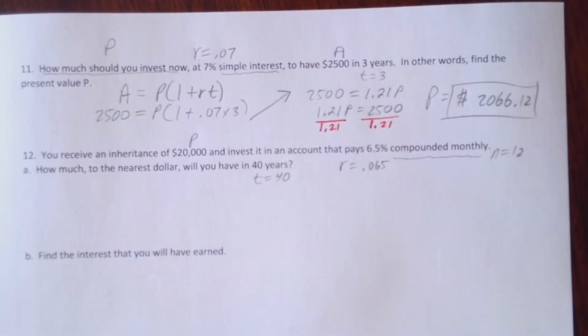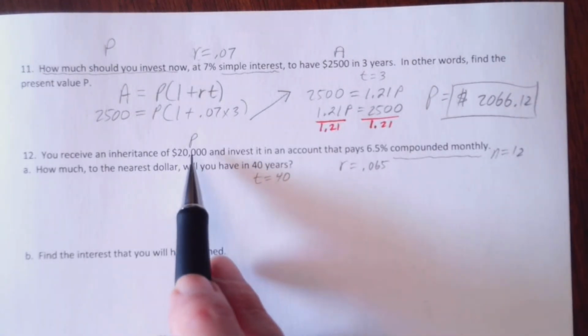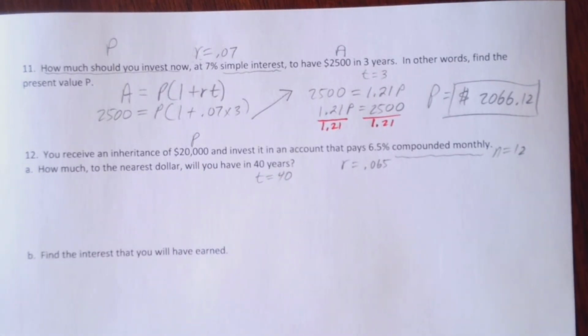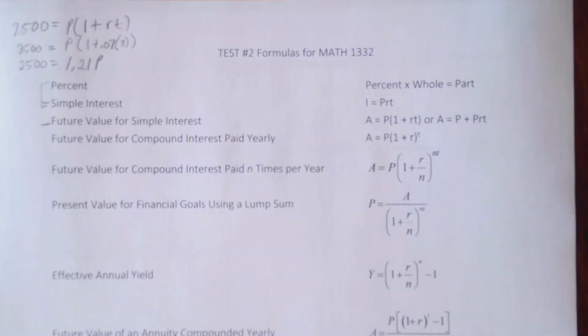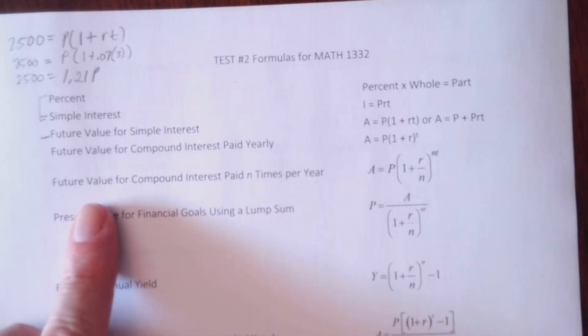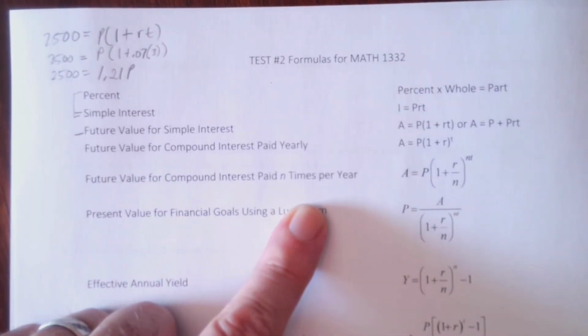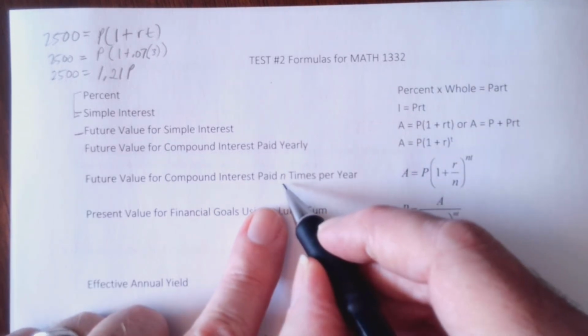So this is compounded interest, compounded monthly. Notice it's a one-time lump sum that we're putting into this account. It's not like an annuity where we're making regular payments. So we go to our formula sheet, and it's this one here. Future value for compound interest paid N times per year. In our case, our N is 12.